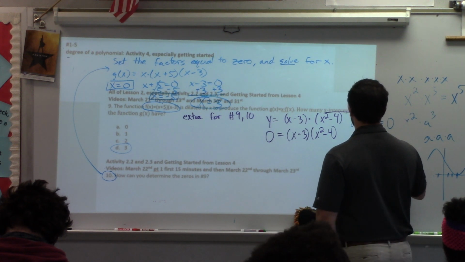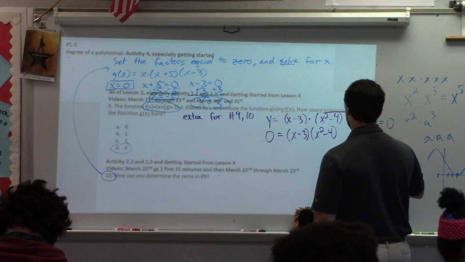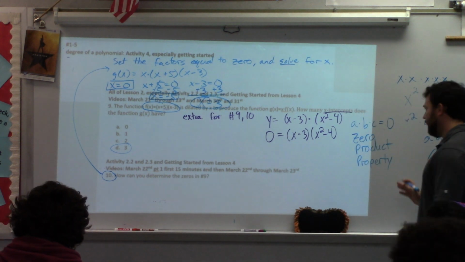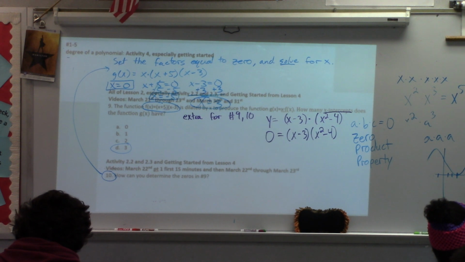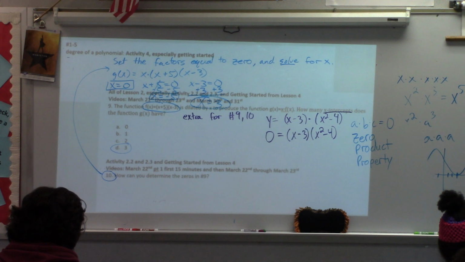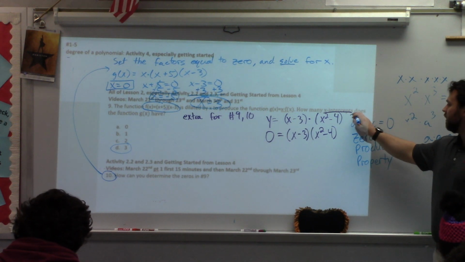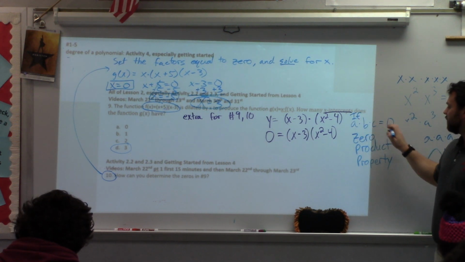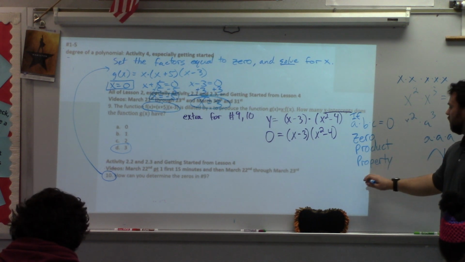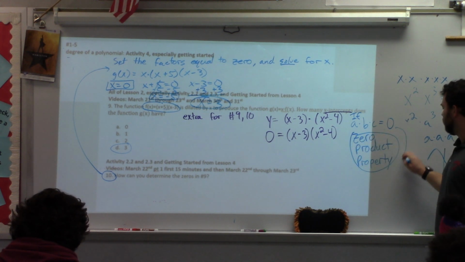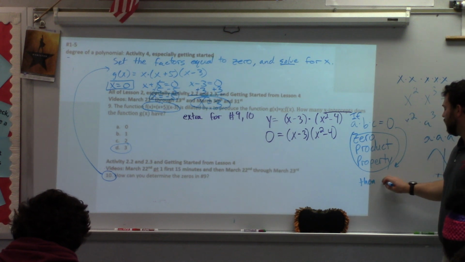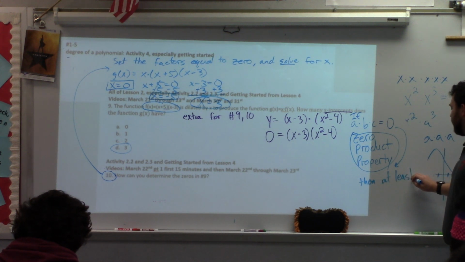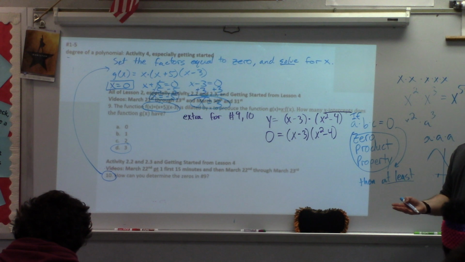This is in the textbook, and it is on your graphic organizer, and you need to pay attention to it. The whole idea is, if you have any numbers multiplied together that equal 0, one of those factors has to be a 0. So if A times B times C equals 0, then at least, notice how I say at least, because could it be more than one that's 0?